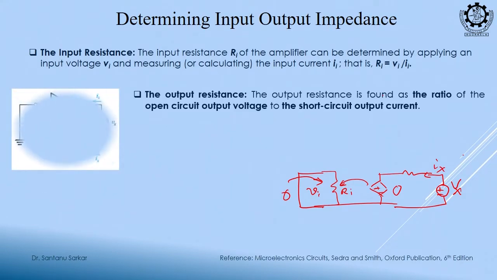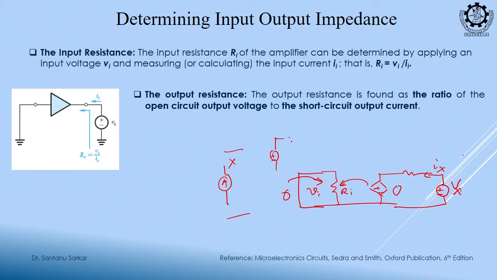So, what we are actually doing is that on the input side, if there is any voltage source, we will make it short, so that its effect is not coming, and if it is a current source, we have to make it open. This will break, so no current will flow. But if it is a voltage source, it is in series, so you have to make it short. Meaning I have a voltage source, I will add another wire to short it, so that this voltage is effectively 0.